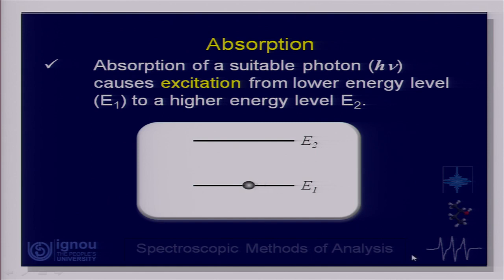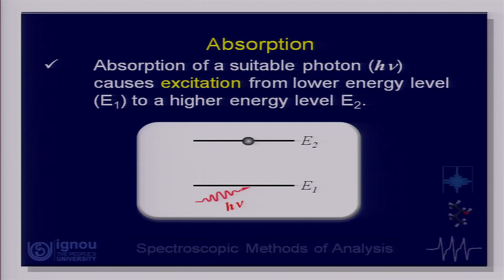Now, radiation comes as a photon. As per the quantum mechanical description of radiation, we know that it is a stream of particles, a stream of photons. Suppose a photon strikes the molecule in the lower energy state. The molecule can pick up energy and go to the higher energy state. This process is called excitation, and the molecule now becomes excited.